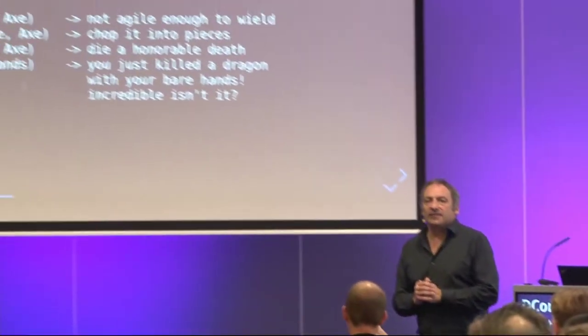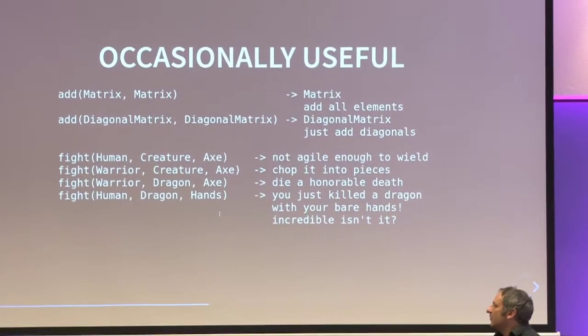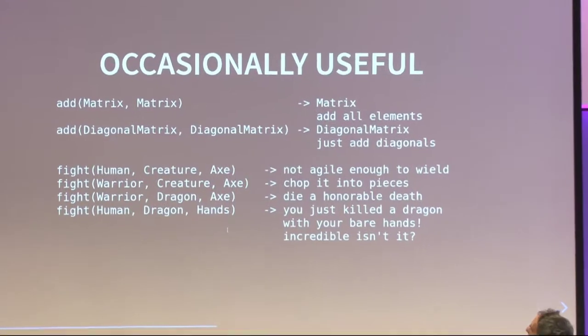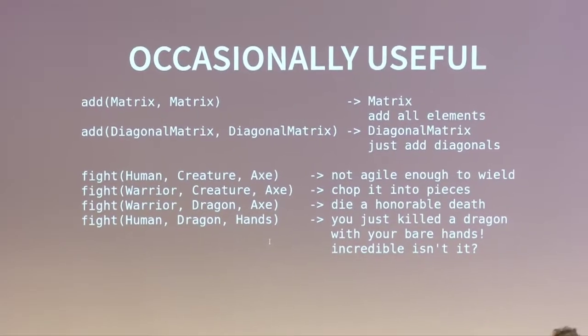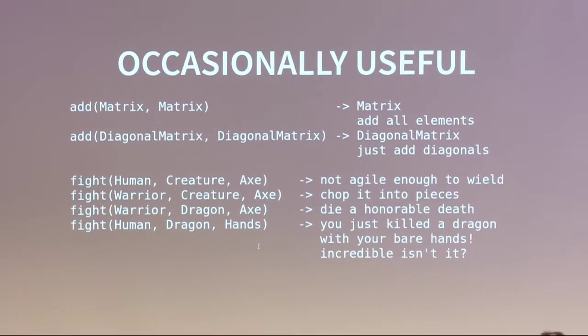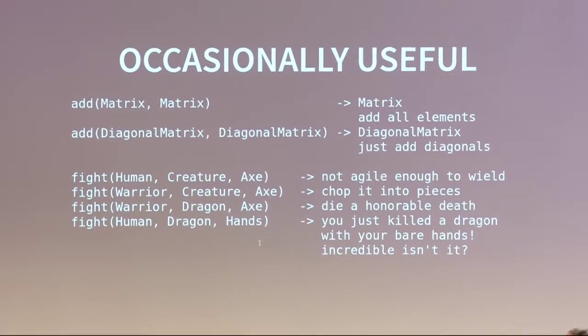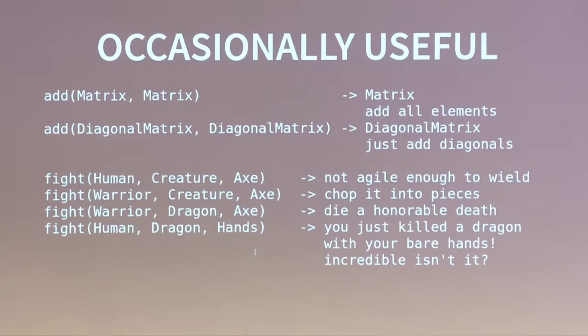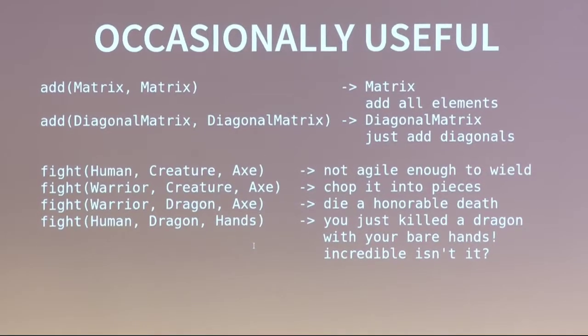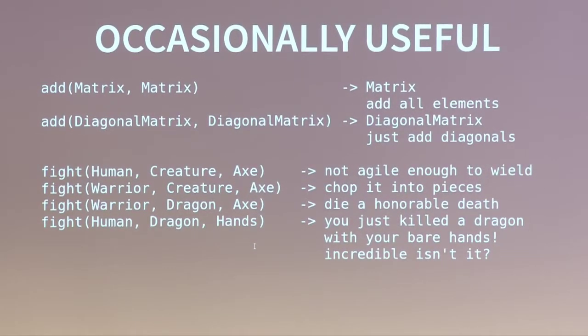It's occasionally useful to be able to select a behavior depending on the dynamic type of more than one argument. So a very common example involves either hierarchies of shapes or hierarchies of matrices, if you want to add two matrices. And matrix is actually a root type. A matrix can be a diagonal matrix, a dense matrix, a sparse matrix, and so on and so on.